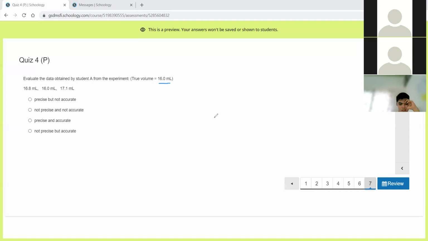Okay, now let's look at the obtained data dinhi. You have 16.8, we have 16.0, and 17.1. If we look at the precision, 16.8 and 16 is 0.8 ml. In chemistry, that is actually very far from each other na. Layo na siya, class, pag moingon ta og volume.